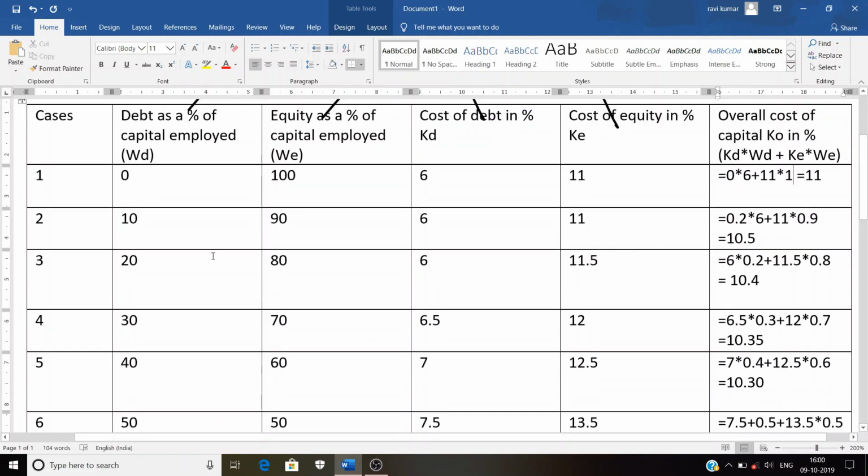In the second case, when we introduce debt in our company and our weight of equity decreased to 90, then our overall cost of capital decreased to 10.5. Similarly, in the third case, when we introduce more debt, that is 20%, and our equity then remains 80%, then our overall cost of capital decreased further, that is 10.4.